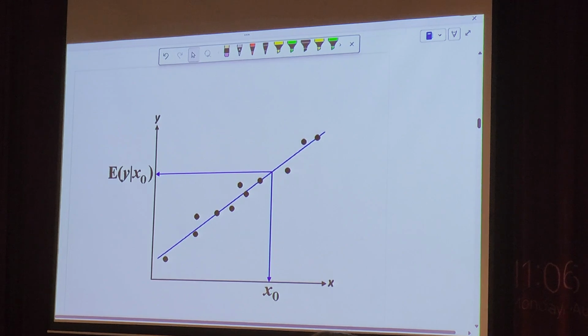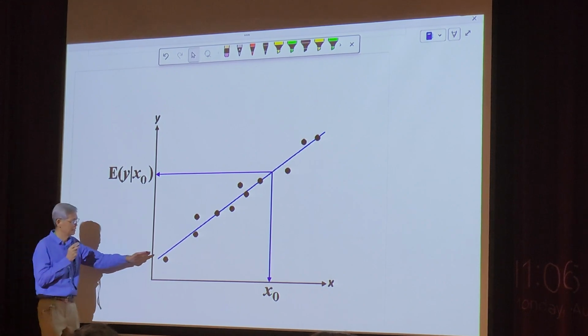Now, the next one that I want to talk about is the estimation of the mean of the response at a particular x0 value. So here is the regression line.